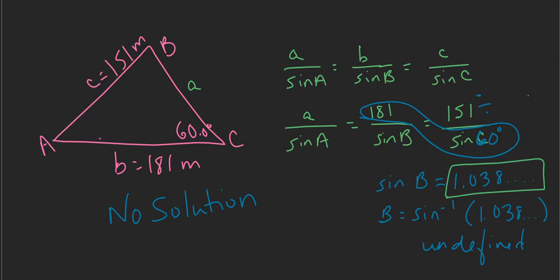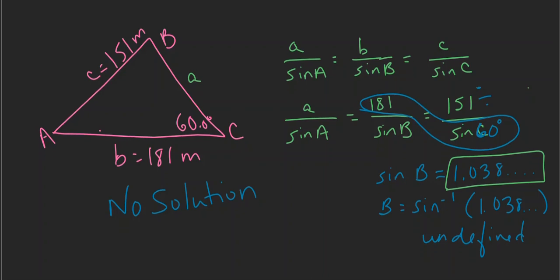You will never have a ratio where sine or cosine is greater than 1. If you do, then it will always be undefined. You don't have to pay attention to that if you don't want to. You can just always plug it in and your calculator will tell you that it's a no solution or undefined. Okay, so that's what happens when that situation occurs.